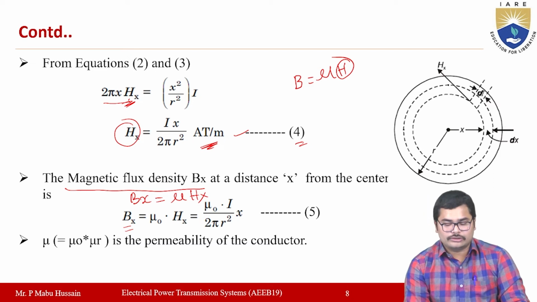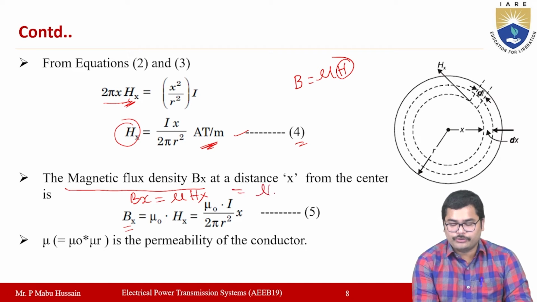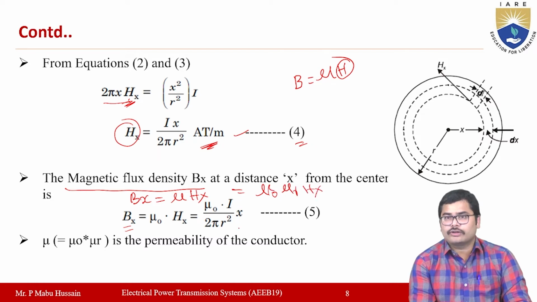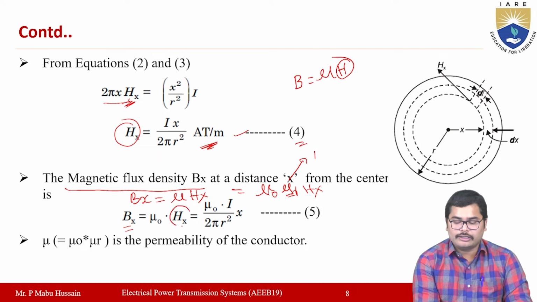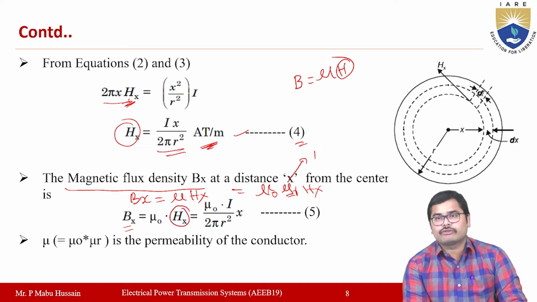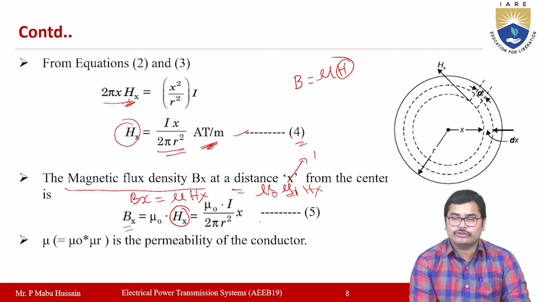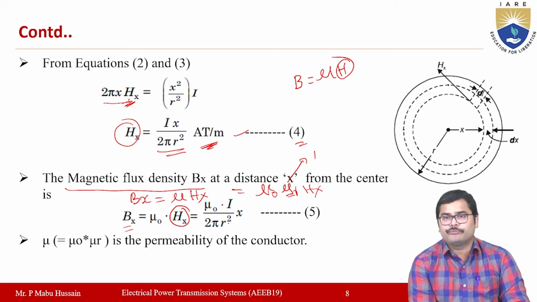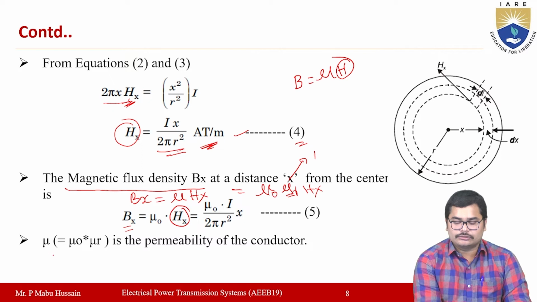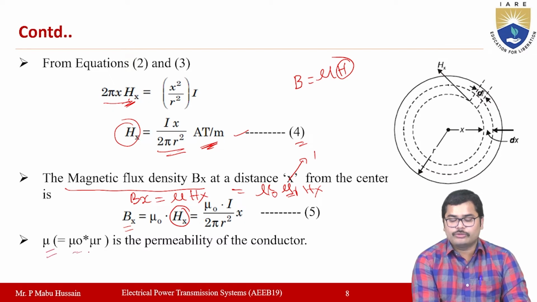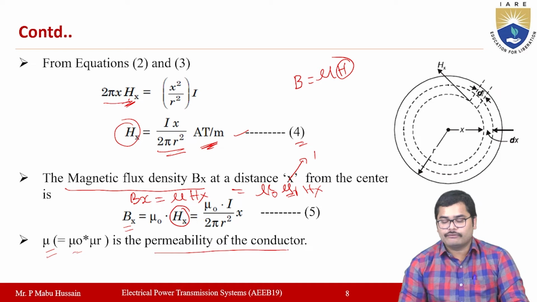This can even be written as mu naught mu r into hx. Now we consider mu r to be equal to 1, so that Bx will be equal to mu 0 into hx. The value of hx is Ix by 2 pi r square from equation 4. So we substitute equation 4 in equation 5, so that you will get Bx is equal to mu 0 I by 2 pi r square into x. Here the value of mu is always equal to mu 0 into mu r, which is called the permeability of the conductor.